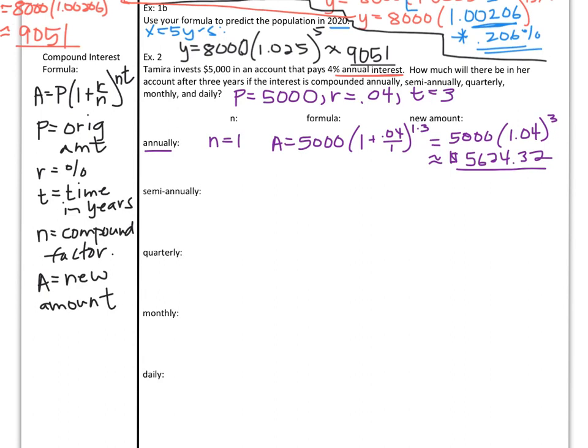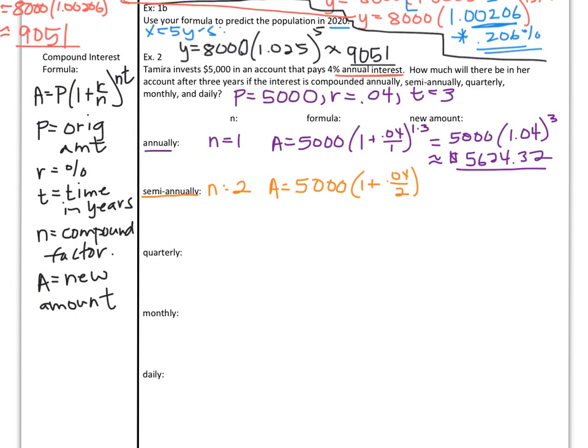Now let's watch what happens if we get our interest compounded semi-annually. Semi-annual means twice a year, so N would equal 2. And here's how that affects our formula. A equals 5,000 times 1 plus 0.04, but now we have to divide that by 2.